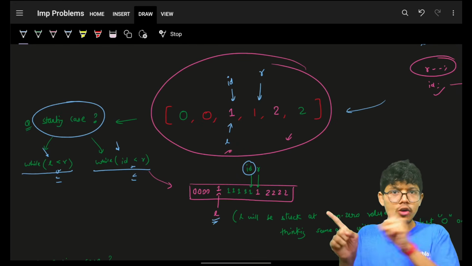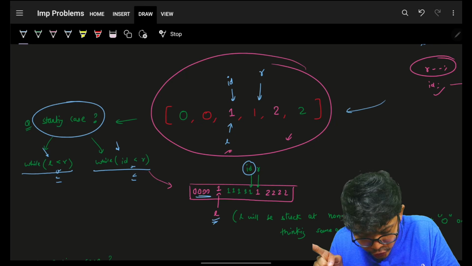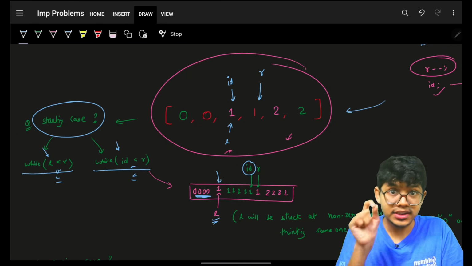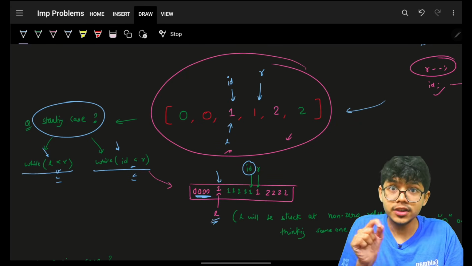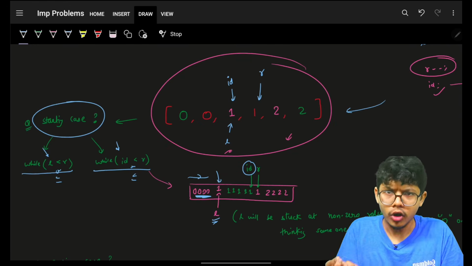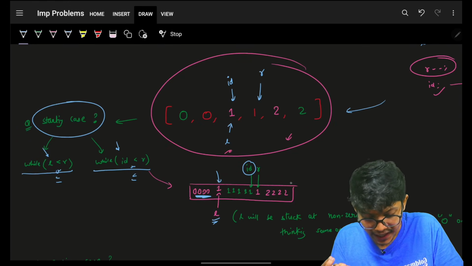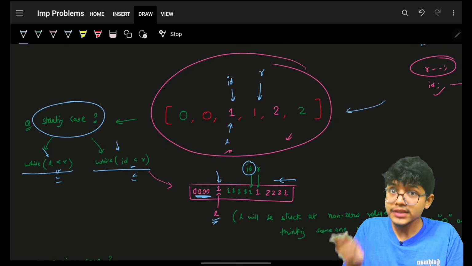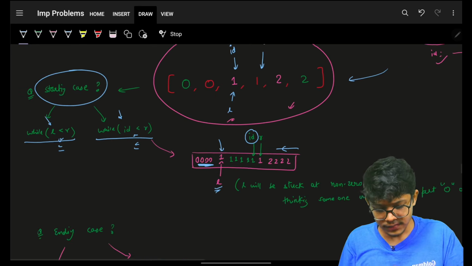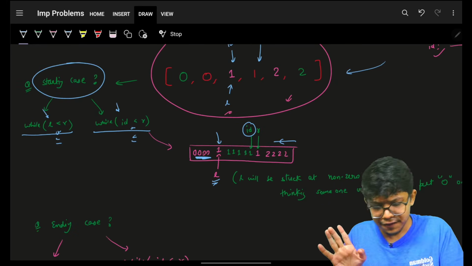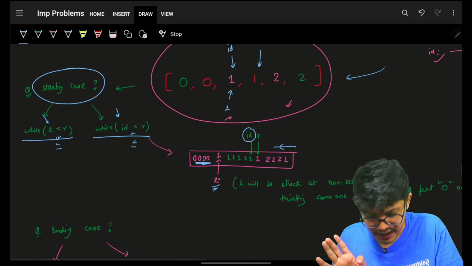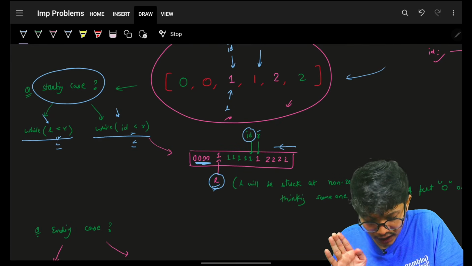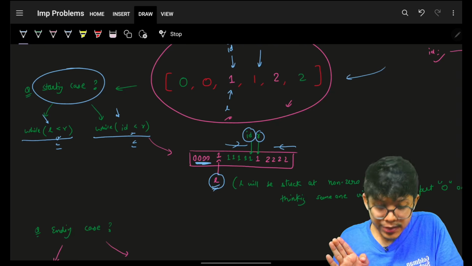But L or R should be at the first stuck location. For L, the first stuck location is after the zeros, or he can be at the 0 also. And for R, its first stuck location is after the 2's. Now, if that is the case, obviously L will be here, R is here, and ID is moving.